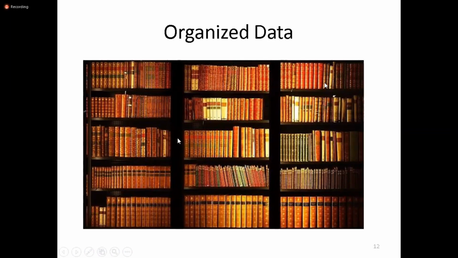Now, feel the difference. In unorganized data, it is very time consuming. The only easy thing is you do not have to worry about where to insert that data. But in organized data, you should always have a location.